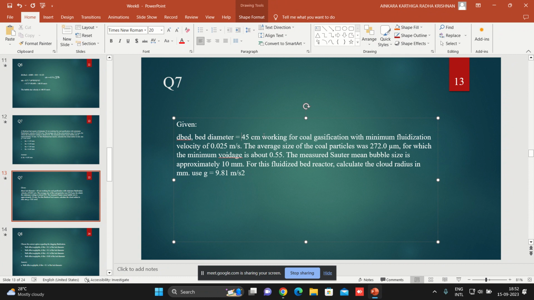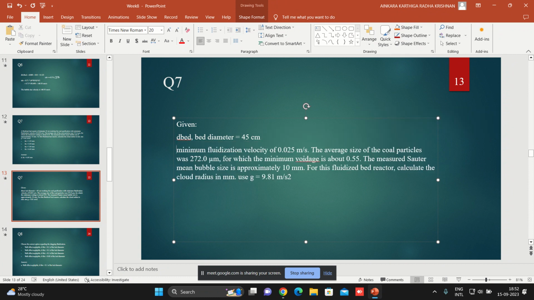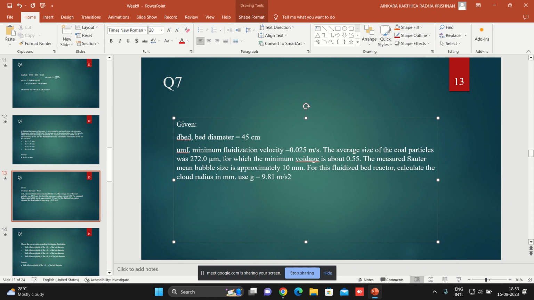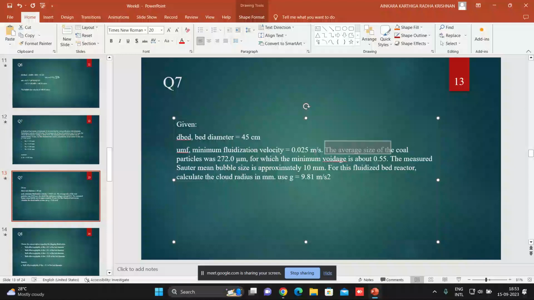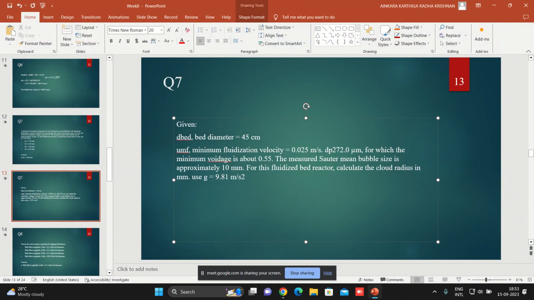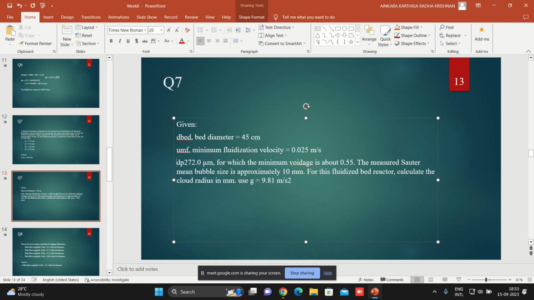Working fluid with the minimum fluidization velocity, U_mf, minimum fluidization velocity 0.025 meter per second. Average size of coal particles, particle diameter, d_p.